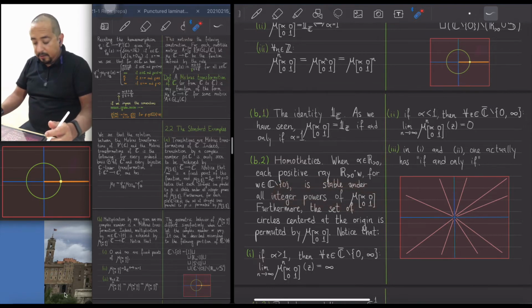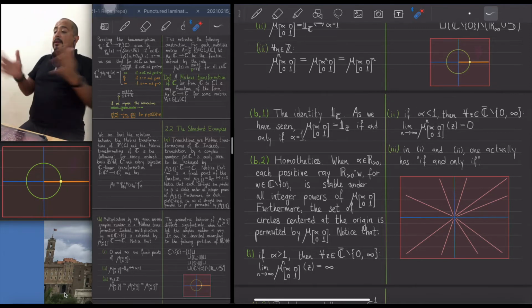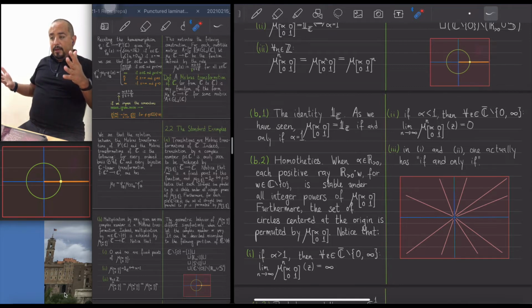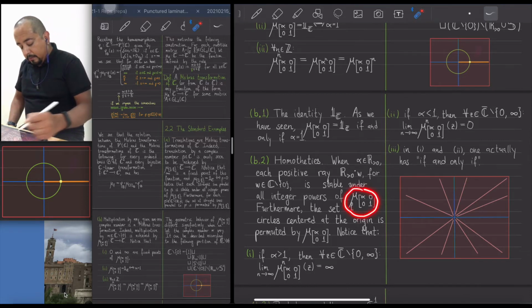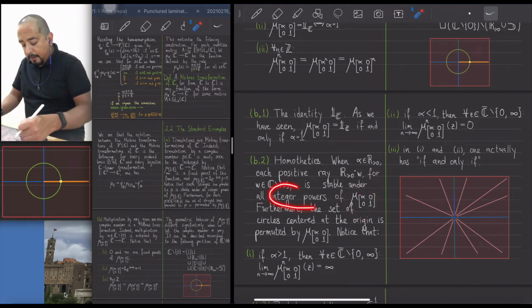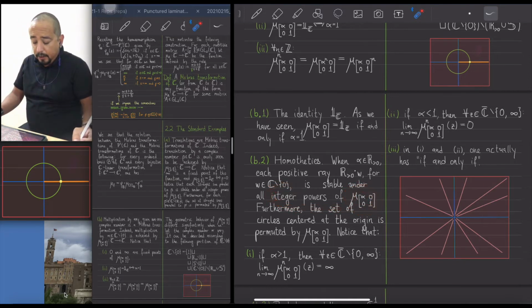So this is clear. This is very basic analytic geometry. So we see that one immediately succeeds at finding a family of curves that gives me a partition of C bar minus the fixed points, with each of its members stable under the action of the subgroup of Homeo C bar generated by this guy.